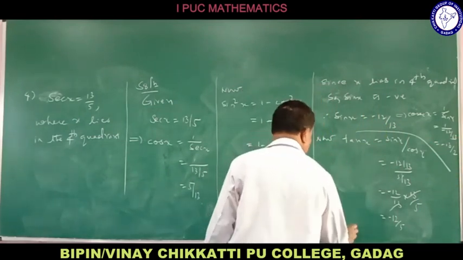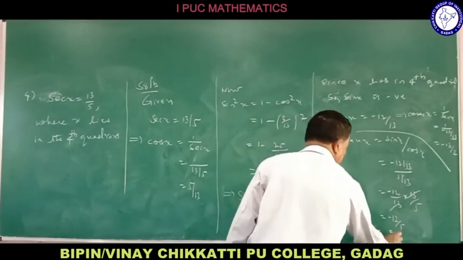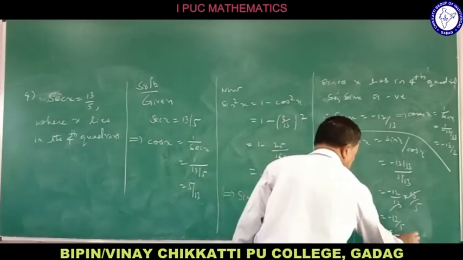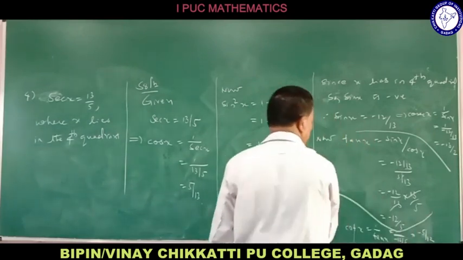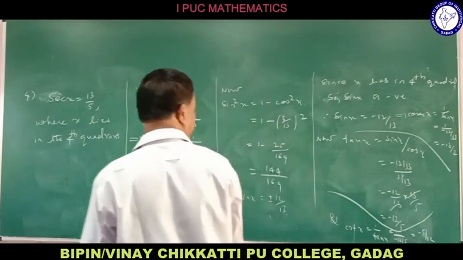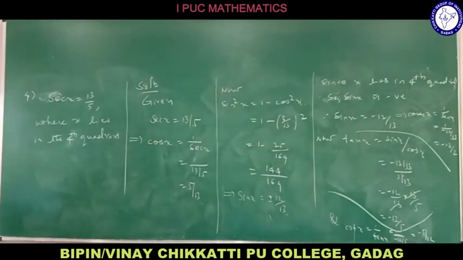Cot x is equal to 1 upon tan x, and 1 upon minus 12 by 5 is minus 5 by 12. So this is the value of cot x, minus 5 by 12. This is the way how you can find out the result here, and accordingly you can see the other results.